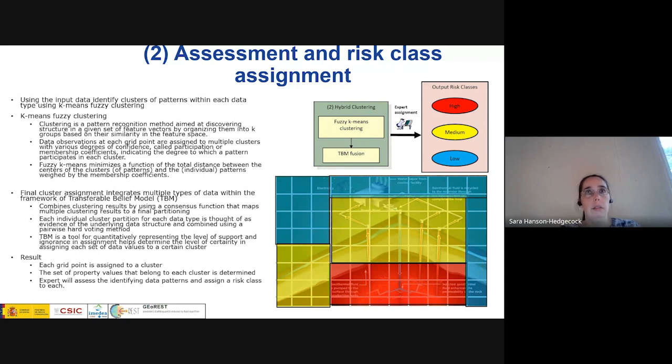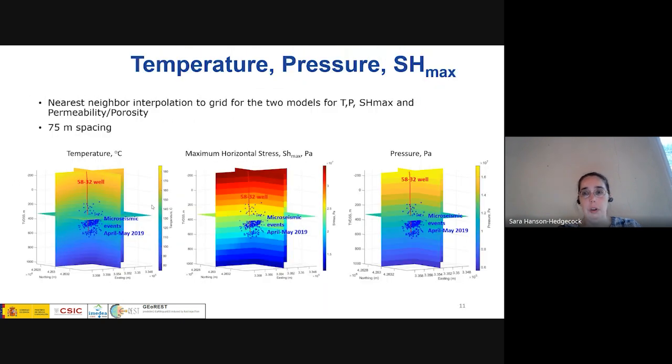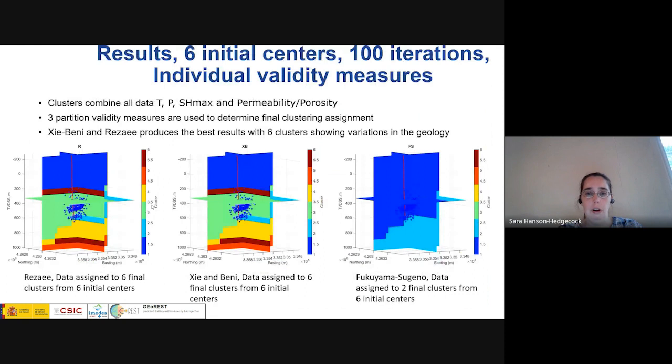We have slightly different results, but our clusters are broadly the same for these different data types and clustering results. So that builds a consensus as to which clusters are more valid than, say, ones that were generated using the core validity measure. So we can go in and evaluate based on that.